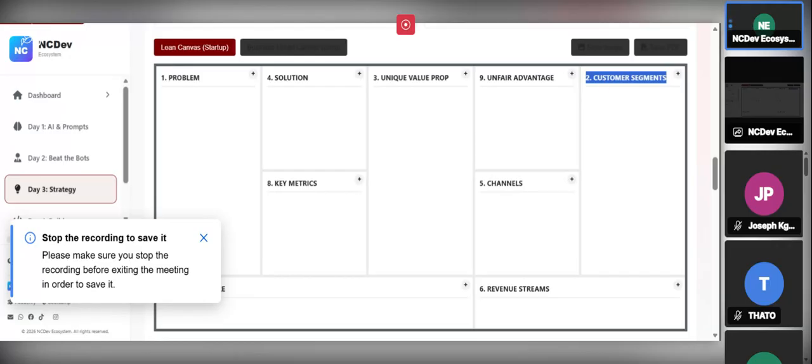And then after identifying who you're targeting, only then are we able to identify the problems that these customers are having, right? So you just need to switch one and two around. Yeah.